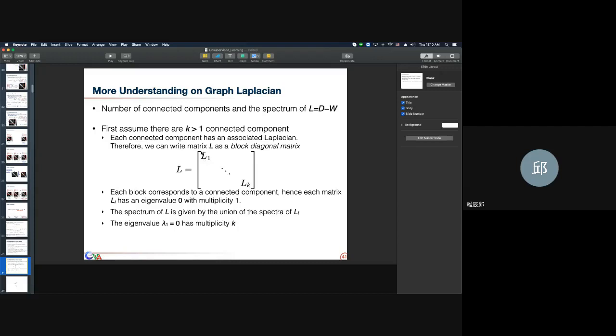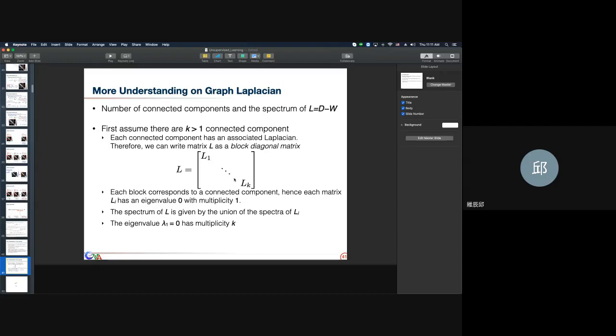For example, this L1, the graph Laplacian matrix for the first connected component, has one eigenvalue, the smallest eigenvalue, equal to 0.